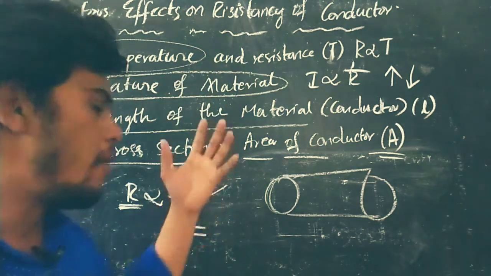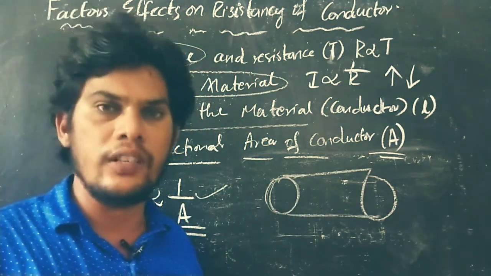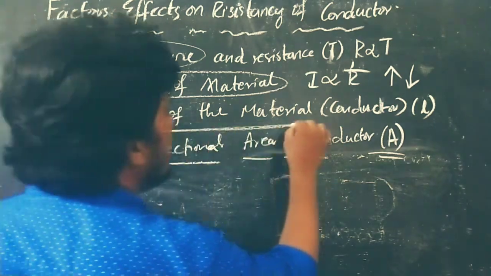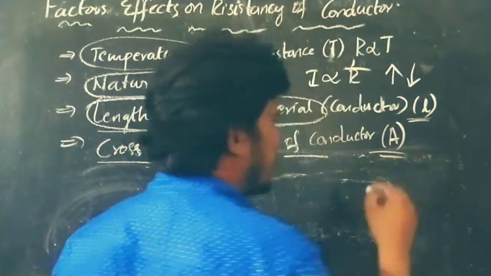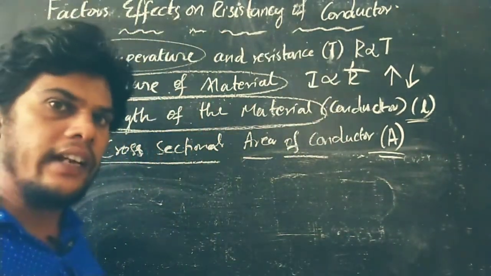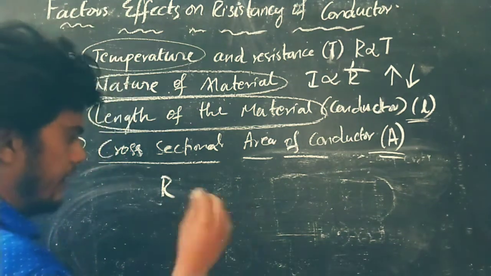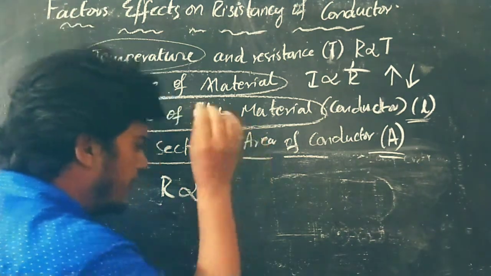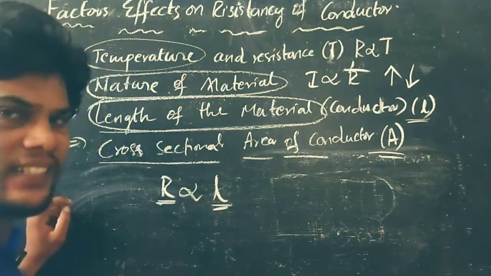From these I am going to derive a small formula for resistance and its units. The resistance is directly proportional to the length. Resistance increases when length increases. Are you clear?